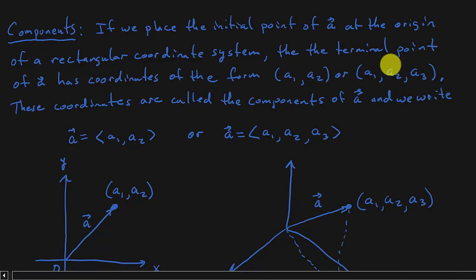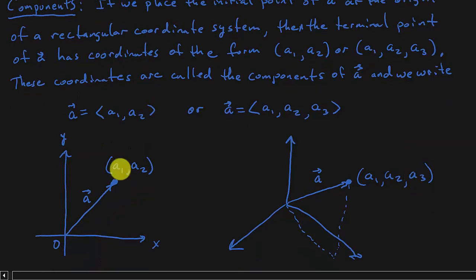So now we've got components. If we place the initial point of A at the origin of a rectangular coordinate system, then the terminal point of vector A has coordinates of the form A1, A2, and here are the pictures down here.